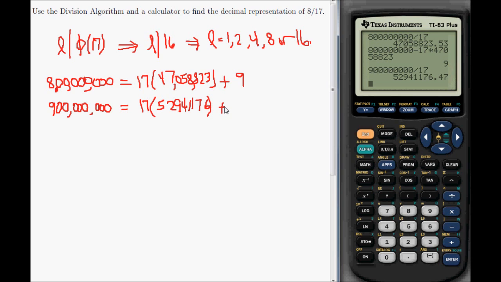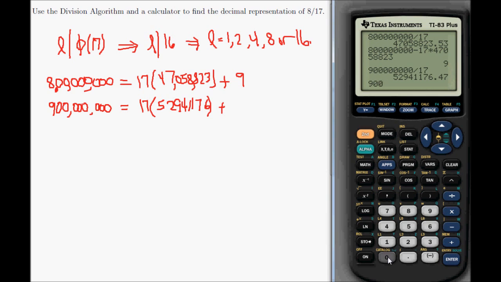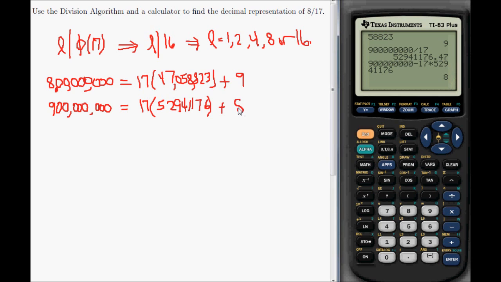And you probably should guess what the remainder is going to be. You might want to pause and think about it before I compute it. So let's get the remainder: 900 million minus 17 times 52,941,176. And I get a remainder of 8. So I've come back to where I started with 8.